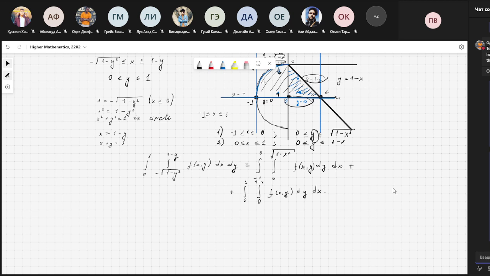Not very easy. In the next class we begin with computing the integrals by changing to polar coordinates.